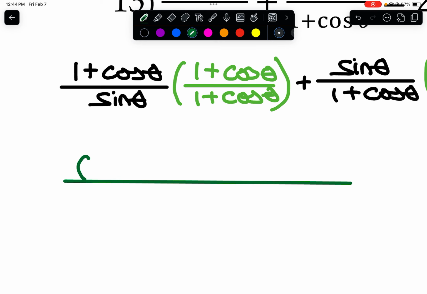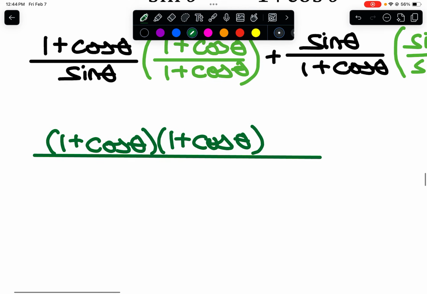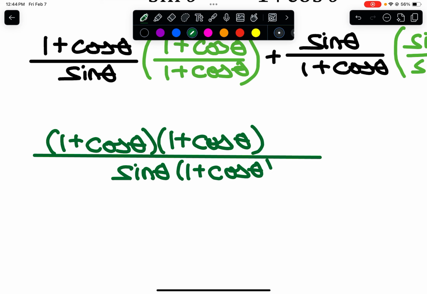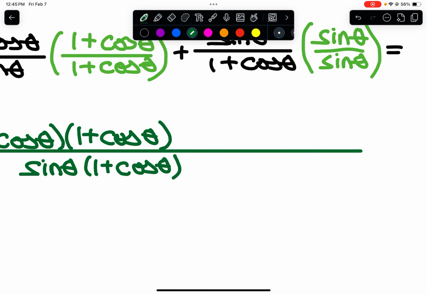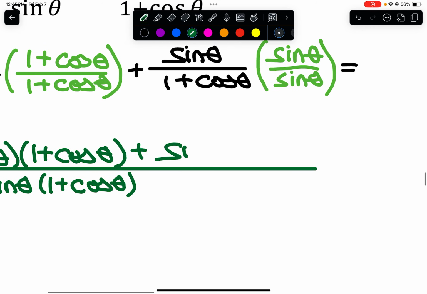So I'm going to leave it as 1 plus cosine theta, 1 plus cosine theta, over sine theta times 1 plus cosine theta. And I'm going to go ahead and add the other side. So I'm going to extend this. Plus sine squared theta.